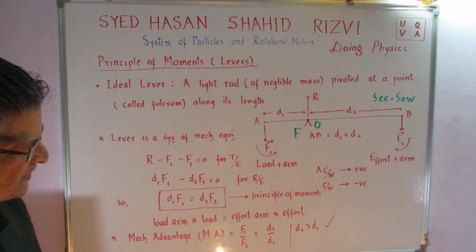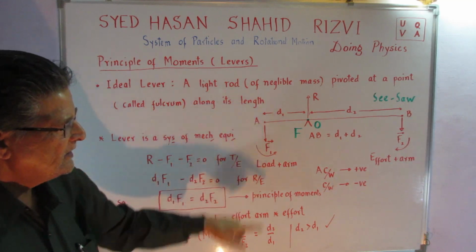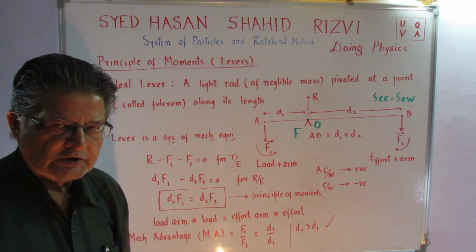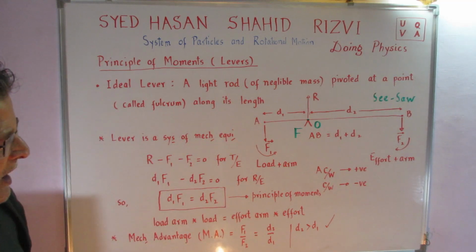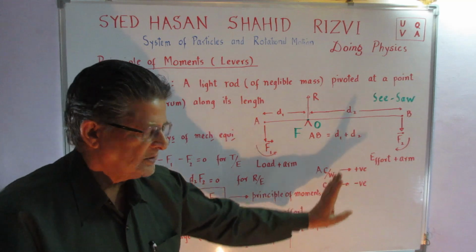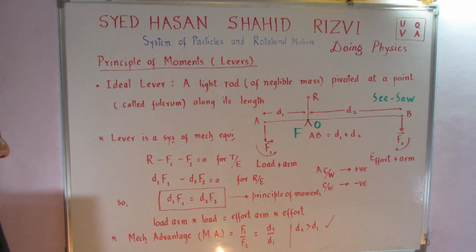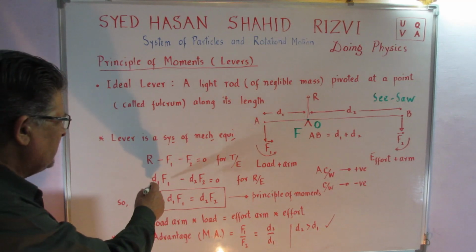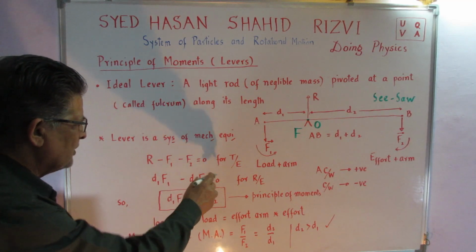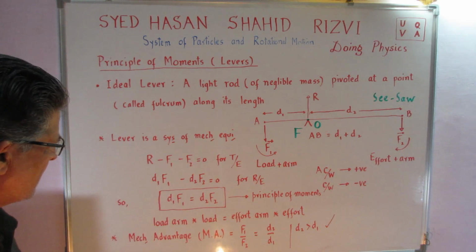If the sense is anti-clockwise, like here, then we consider it positive, and if the sense of the torque is clockwise, then we call it negative. So with that in mind, I write D1 F1 minus D2 F2 equal to 0 for rotational equilibrium.